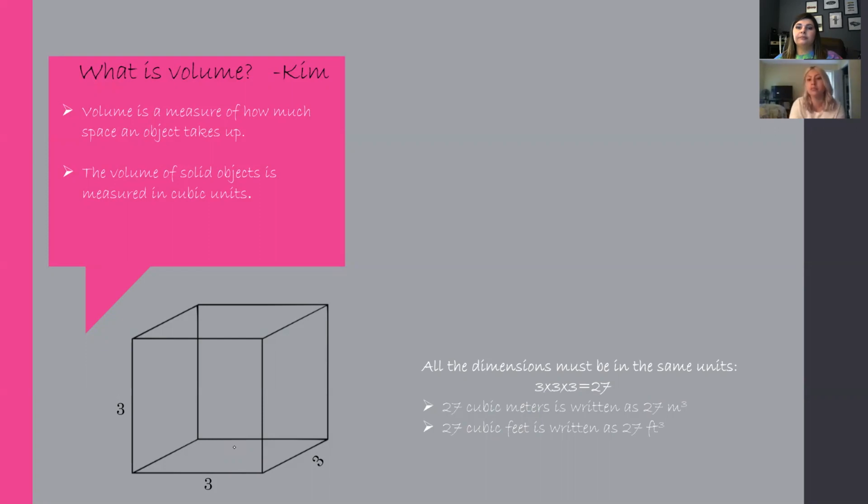So we have 3 times 3 times 3, which would also be 3 cubed, and that's 27, 27 whatevers, but we're going to say it like that because, going back, it's all measured in cubic units. So whether it's cubic feet, cubic meters, or cubic inches as well, we're going to say 27 cubic meters is written as 27 meters cubed. You see where I'm going with that? And that's just for this cubed object.